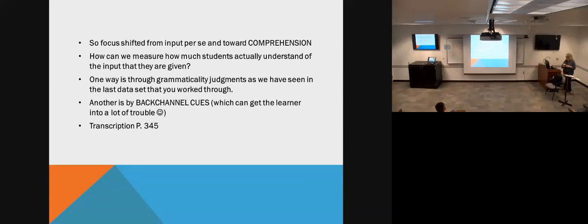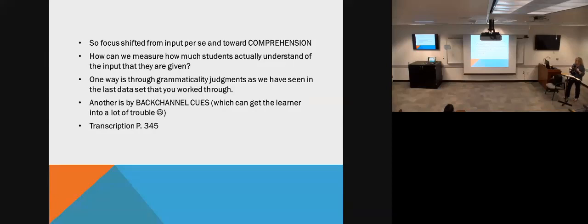So the focus shifted from input per se, just the idea of input, which is where Krashen was, to comprehension. You could input all you want, but if it's not being comprehended. So Corder was the first one. And then the other thing that people tried to do was measure how much students understood of the input they're given.